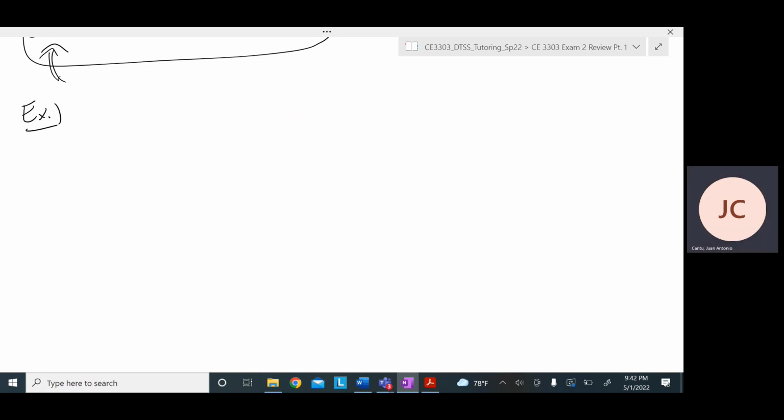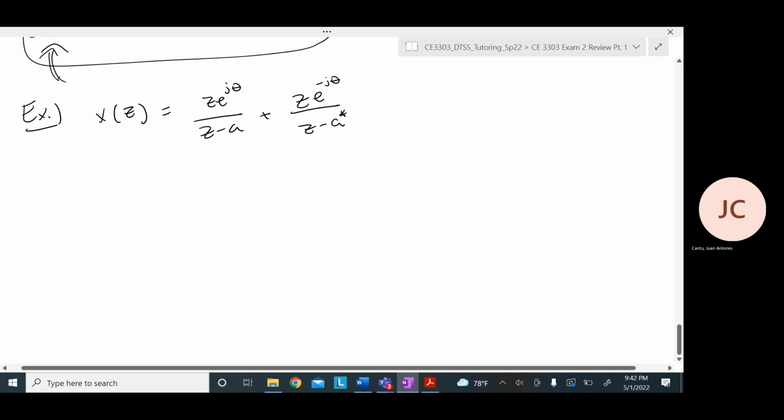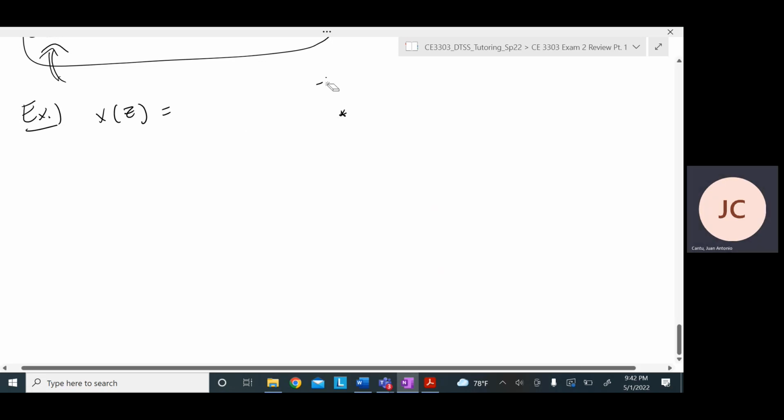So let's say we have this z transform. X of z is equal to z squared minus 2z over z squared minus 2z plus 2.